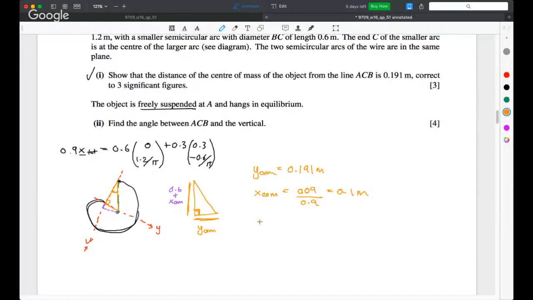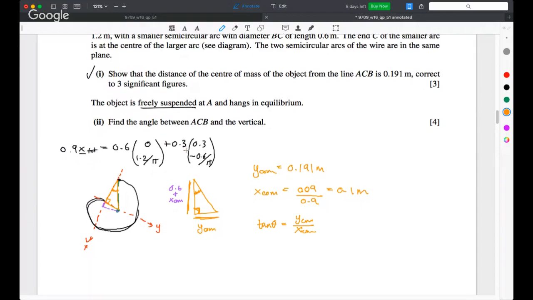And now we have that tan of theta, where theta is that one, is y center of mass over x center of mass, and you just use the inverse tan function to get your value of theta. So you see, it was important for us to remember to work out the x value as well.